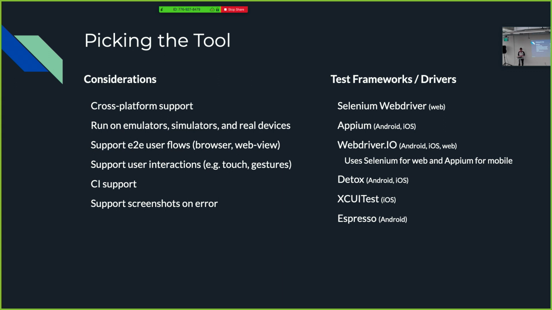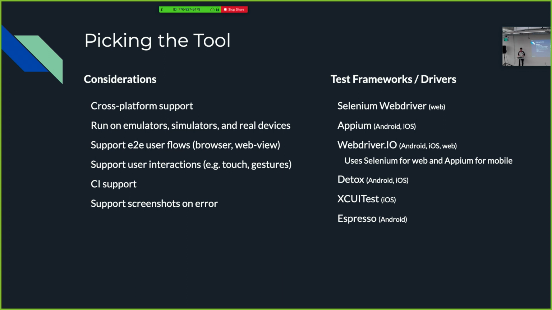So with all that in mind, there are a couple of key frameworks and drivers that handle a lot of what I've just discussed. I'm going to break it down a little bit. There's Selenium WebDriver, which, as I'm sure a lot of you are very familiar with, is a way to interact with browsers like Firefox, Chrome, Safari, and write your tests and tell the browser to interact with different elements on the page.